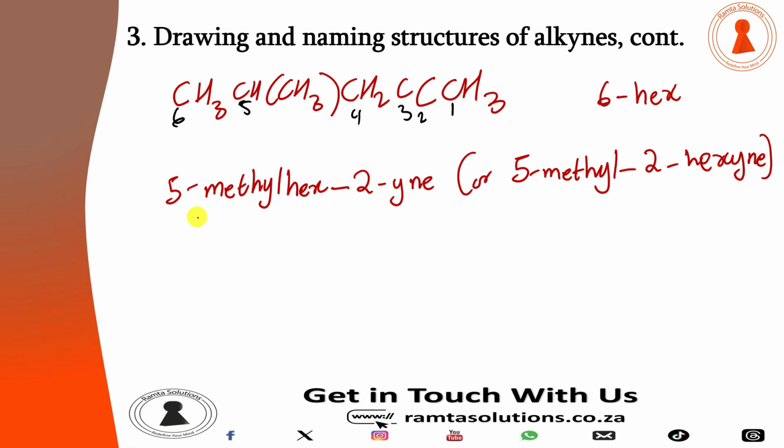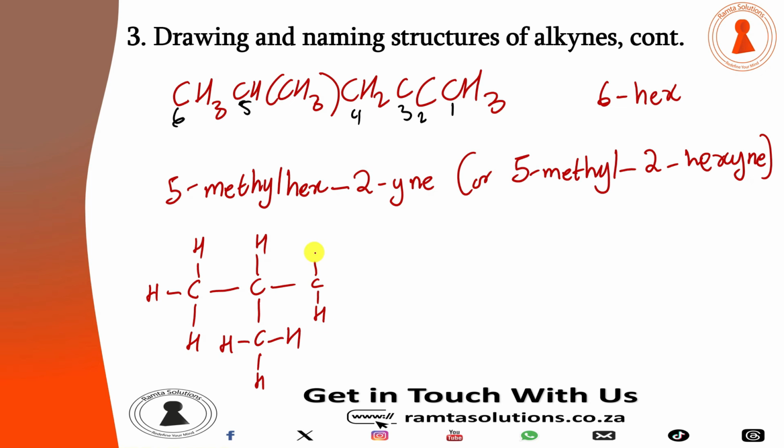I'm going to draw it from the left to the right. The first carbon, on the left, has 3 hydrogens. It is bonded to a carbon that has one hydrogen and an alkyl substituent. It is bonded to another carbon that has two hydrogens.